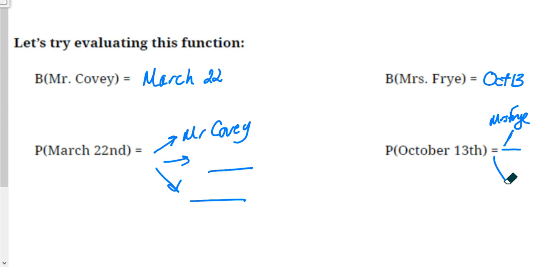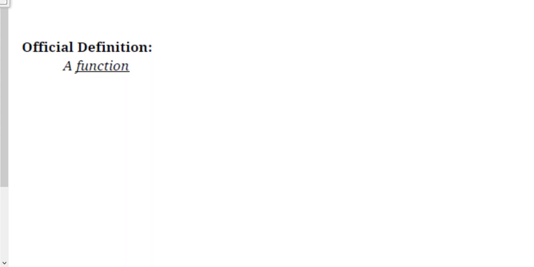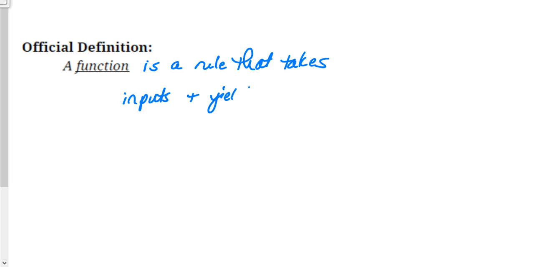So that brings us to the part that made me say that this was sort of a half definition. A function is a rule that takes inputs and gives outputs.